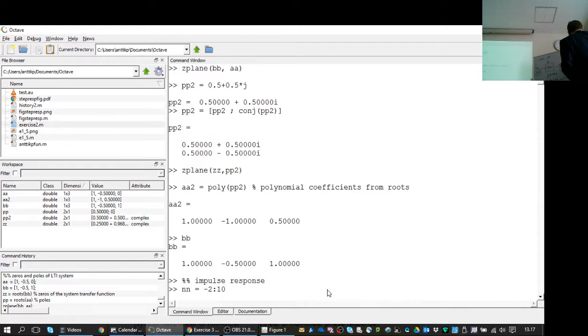So let's put it like this. If you have an impulse response, for example like this, and you wait until the order number of the system, if it stabilizes, so that after that everything is zero, then it's FIR. If it doesn't stabilize within n values here, then it's IIR.